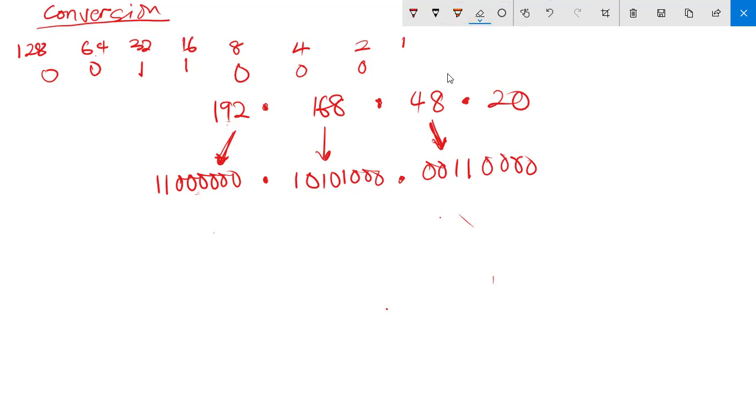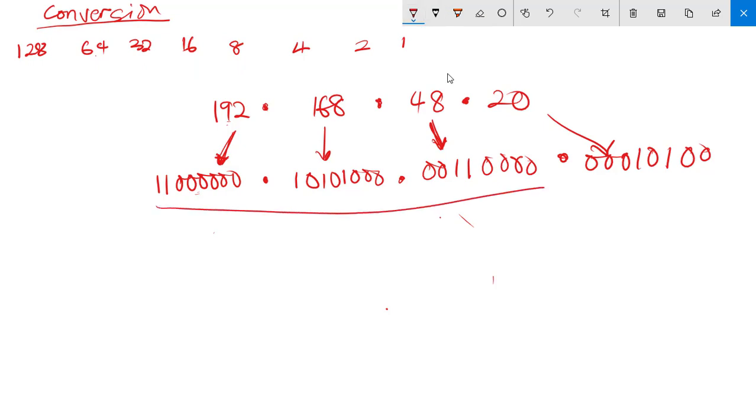How about the 20? 20 will be 16 and 4. The rest go off. So the 20 is 0, 0, 0, 1, 0, 1, 0, 0. So we've converted the above IP address to binary. This is how the computer will see the IP address above.